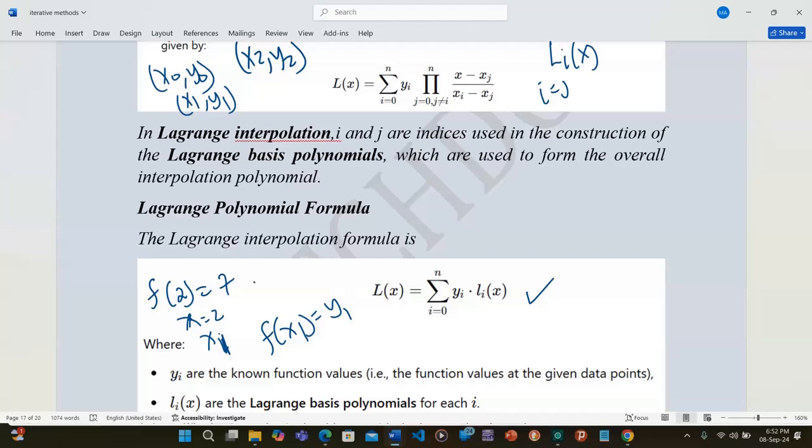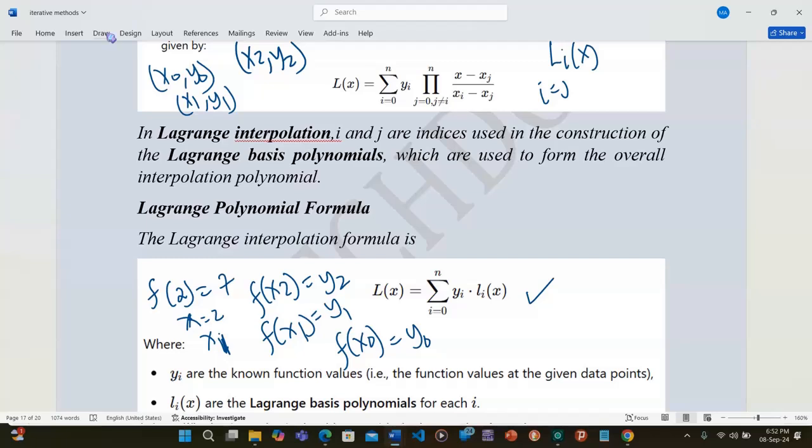If I'm looking for f of x1, this gives me y1; if I'm looking for f of x0, this gives me y0.